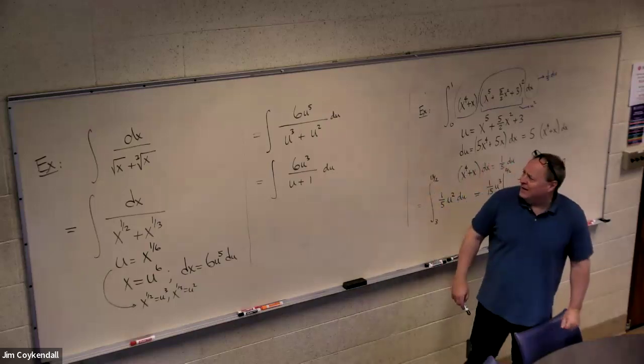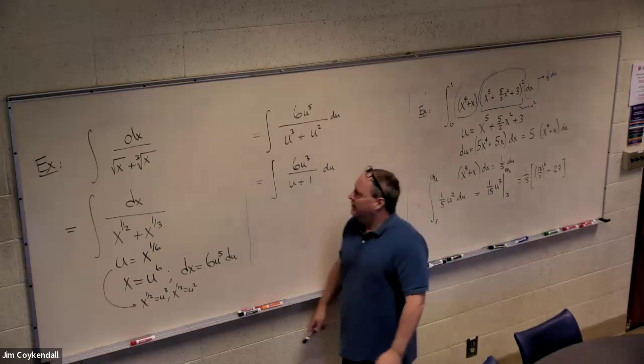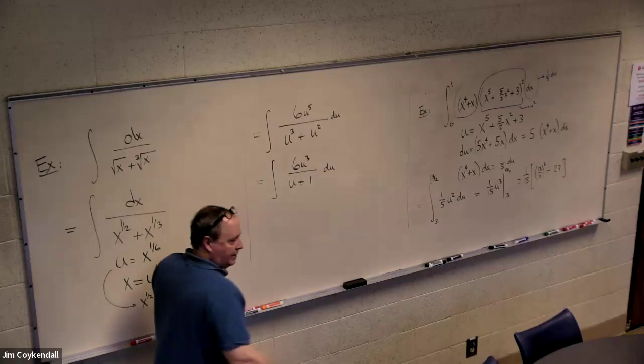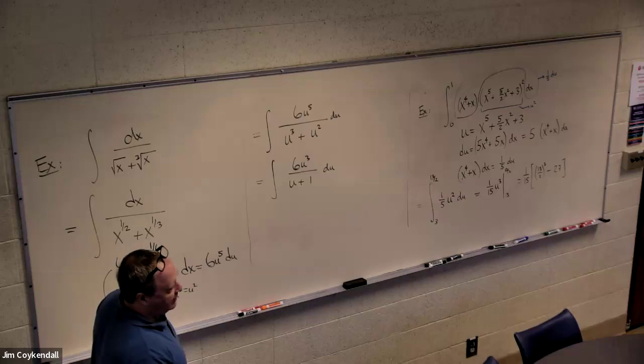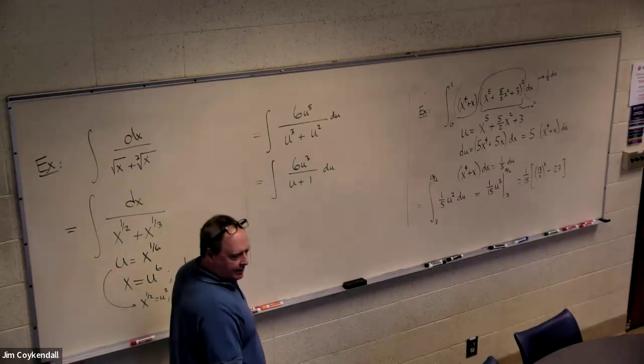Now, what should I do now? I think we can all agree that I've made this unholy mess look a little better, but I'm still a little bit stuck. Any ideas on what I can do? This is similar to one we did before.